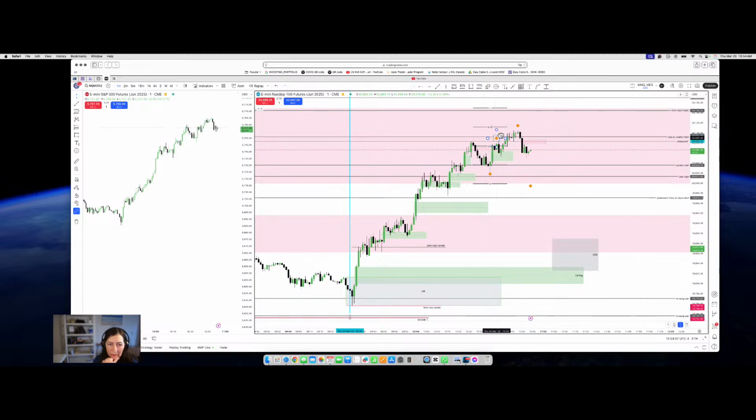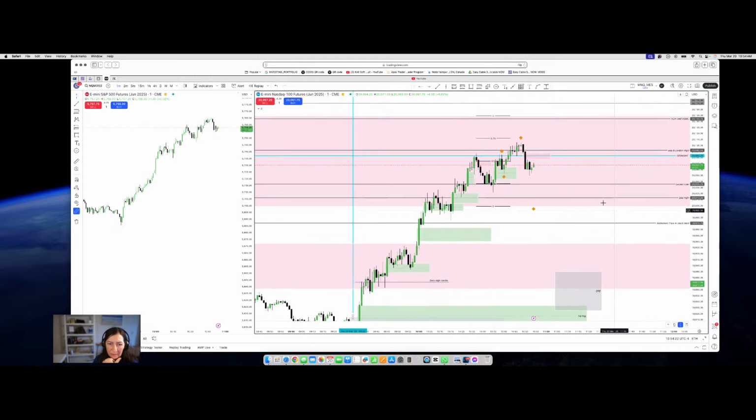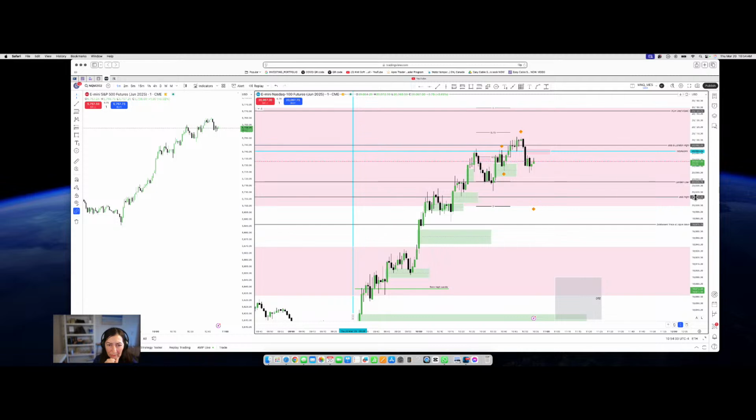Also look at it this way. High, low, higher high, and just break below this lower low here. High, low, higher high, lower low, possibly. $10.54.